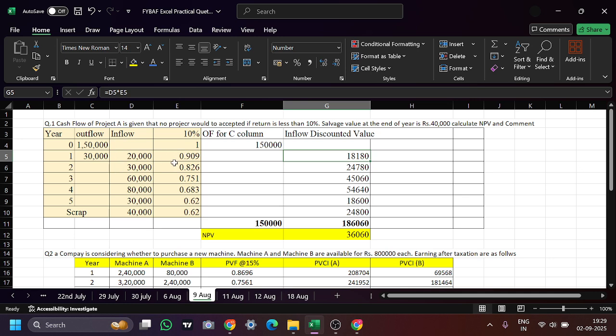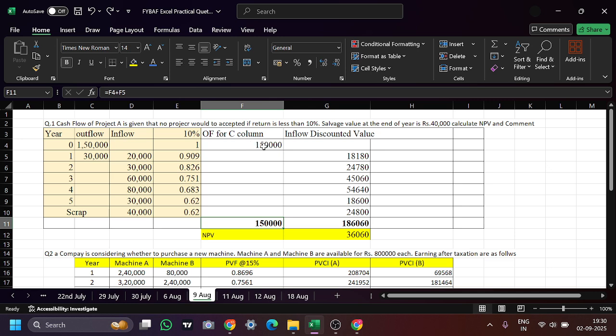Over here the discounted rates are mentioned, so we just need to multiply 20,000 with 0.909, with this you will get all the values. Now once you calculate one value, you just need to drag, you have to drag like this, and you will be done.